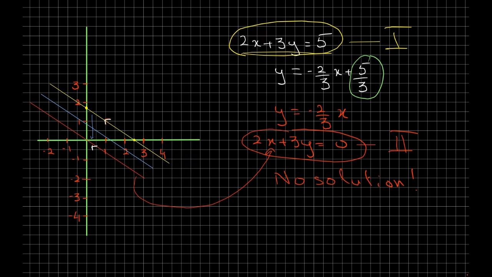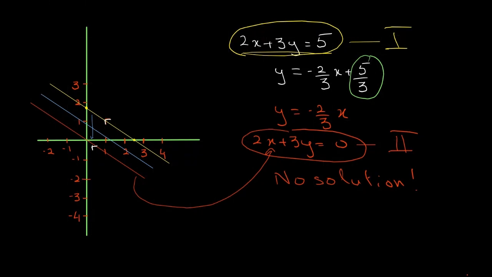Now, can you have more than one solution? That's another question that we can think about. Well, you know that when two lines intersect, so just think about it. If you have two lines, so let me draw two straight lines. So here's one straight line, here's another straight line.